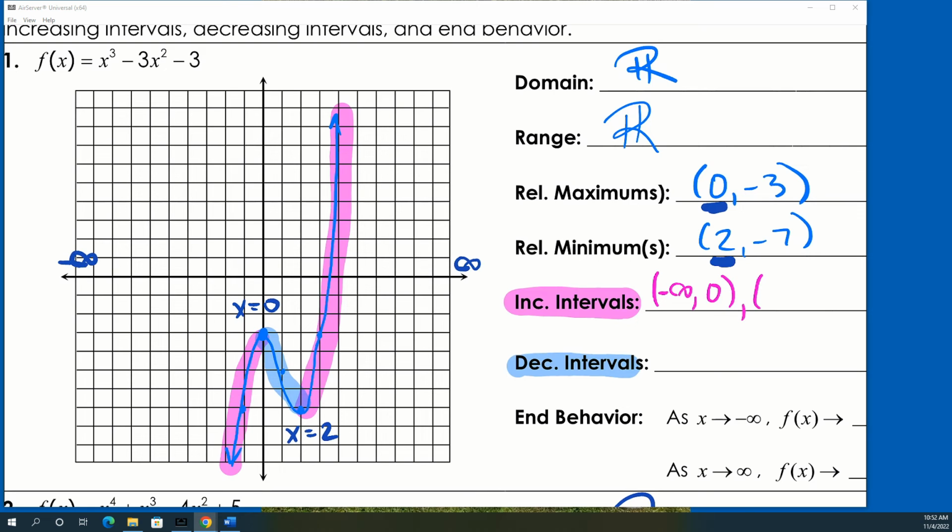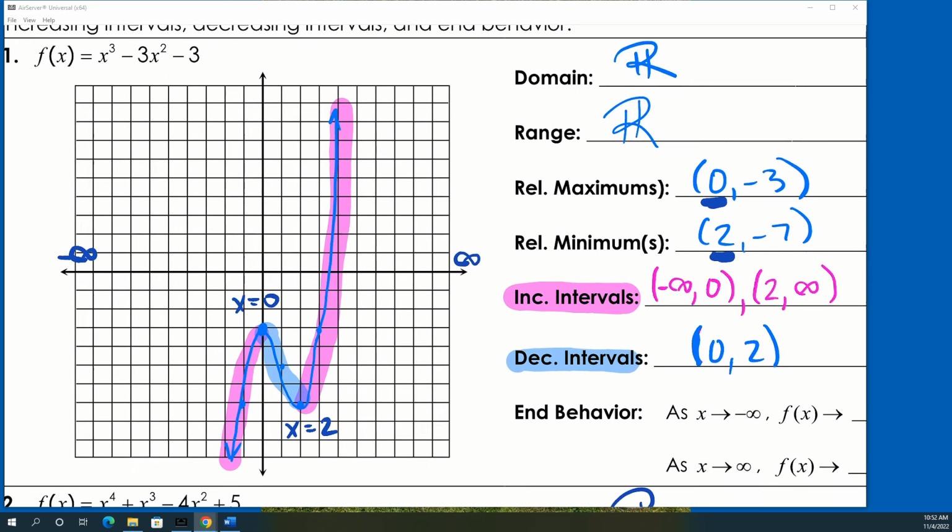All right, we start increasing again when x is 2, and increase forever to the right, which is infinity. Okay, and then I have this small section of decreasing. That's going to be between 0 and 2. That's it.